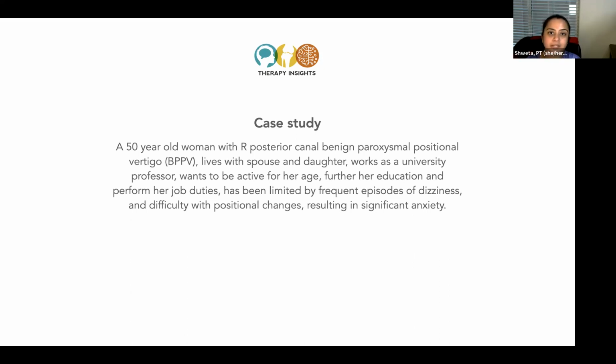Her brother-in-law educated her about the maneuver, and getting into the positions she really felt dizzy. It's very, very sensitive for these patients. They just don't want to be in that position. I personally have tried using the Dix-Hallpike and even Epley's on family members, and they just don't want to feel that feeling when they're really into the positions.